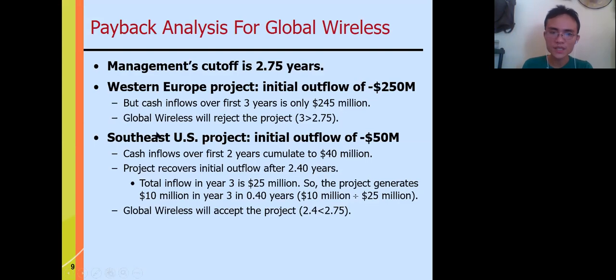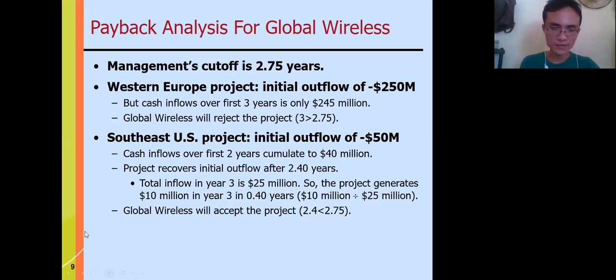The cash inflows is only $245 million. So what's basically the formula to compute the payback period? That is, remember, the amount estimated for the investment to be recovered. So that will be the cost of investment divided by the inflow.